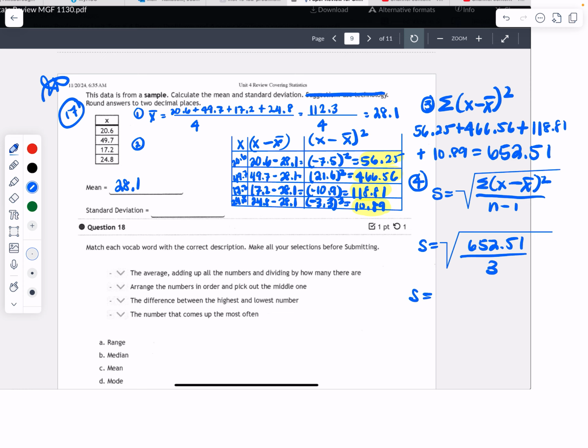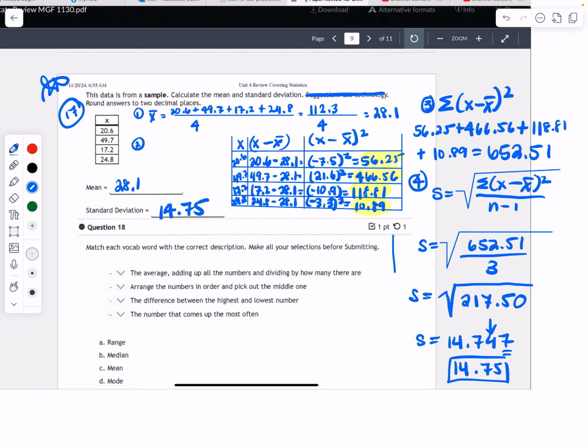So I have to divide those two numbers and then take the square root of that. When I divide them, I get 217.50. Now I'm going to take the square root of that, and I get the standard deviation equals 14.747. It said to round to 2 decimal places. I'm looking at the 4, and behind it is a 7, so I'm going to round up. So the standard deviation is 14.75.